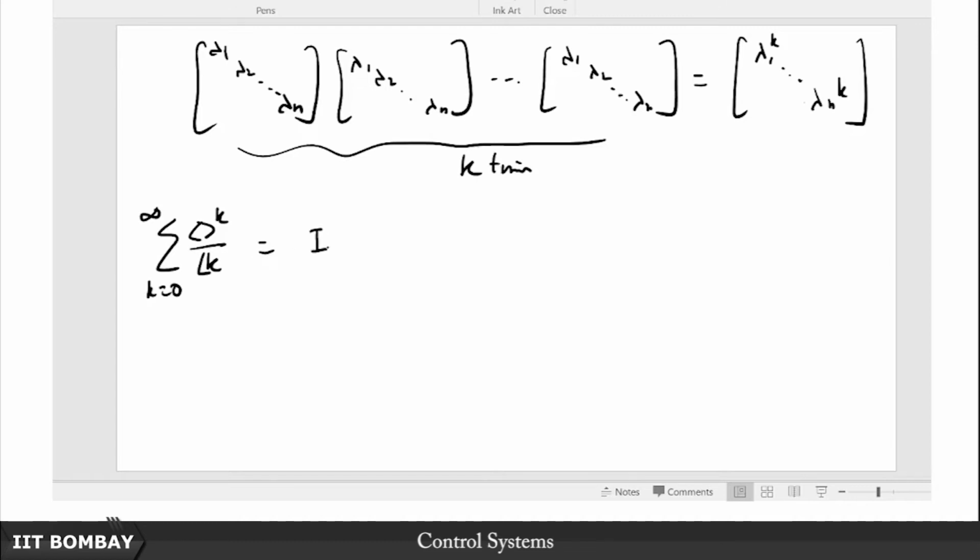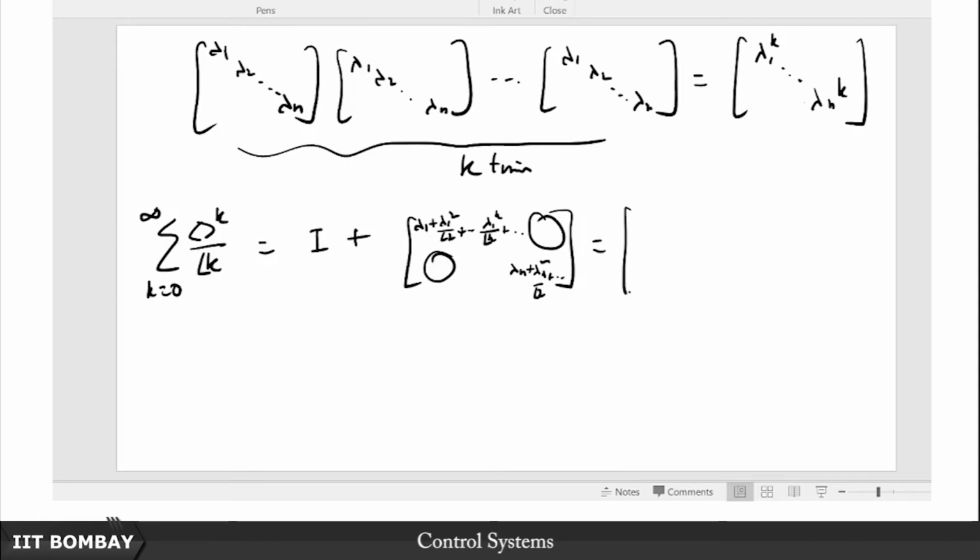This is going to be nothing but I plus, what is going to be each individual diagonal entry? It's going to be lambda 1 plus lambda 1 squared by factorial 2 plus dot dot dot till lambda 1 to the k by factorial k, an infinite series like this, and the rest of the terms are going to be 0. Similarly, the last diagonal entry is going to be lambda n plus lambda n squared by factorial 2 and so on, right.